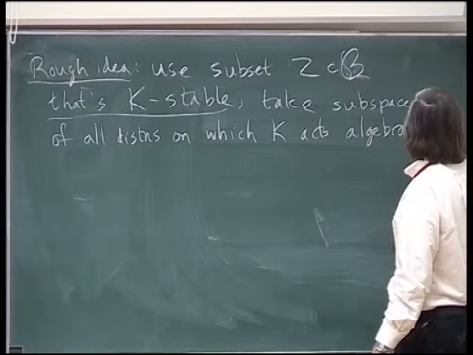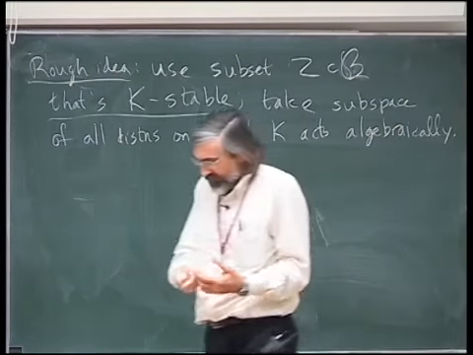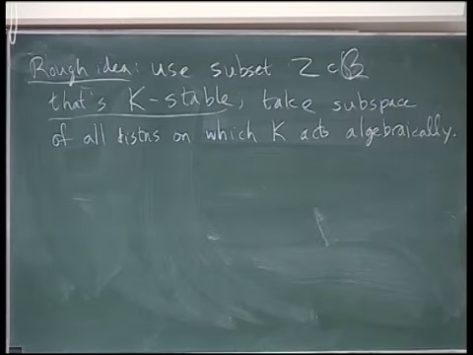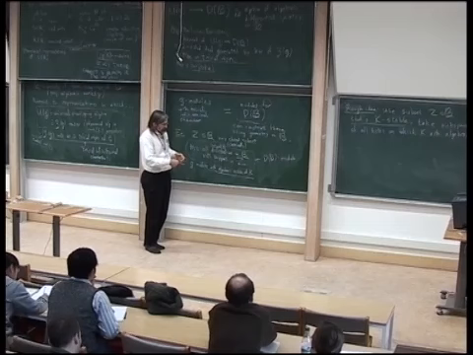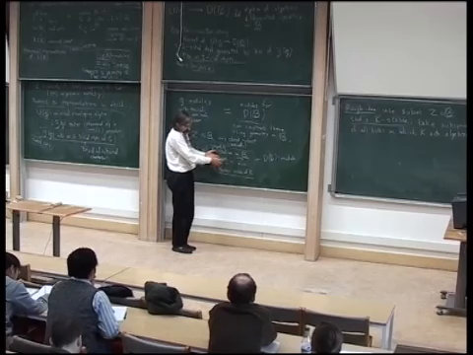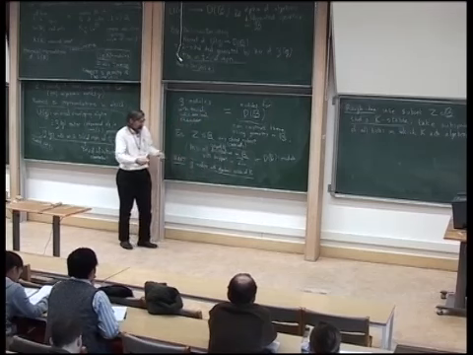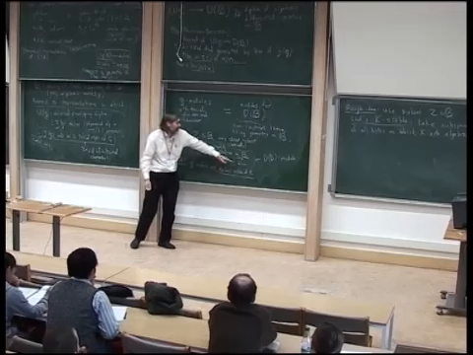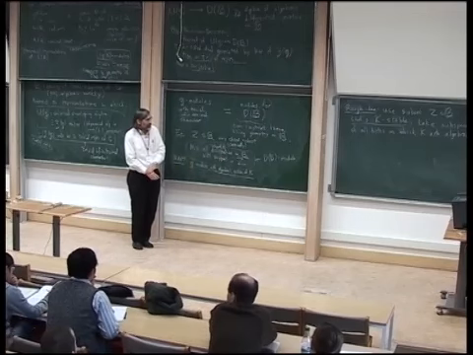So, for example, if you take a delta function at a point, something like that, and move it around by K, you'll get delta functions at other points, but you'll get an infinite dimensional space that way, usually.